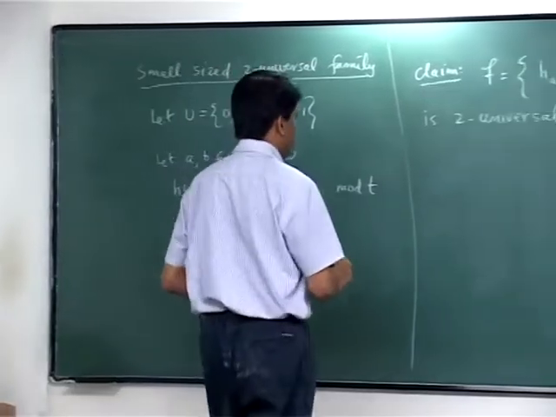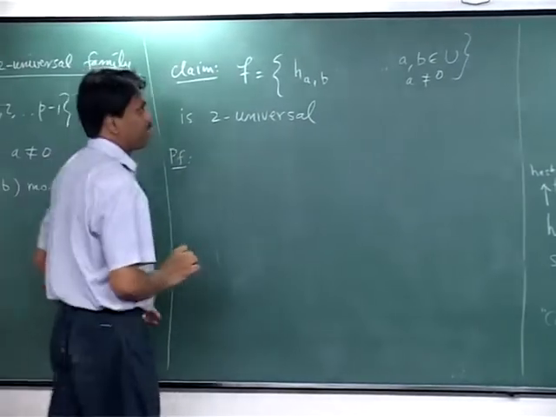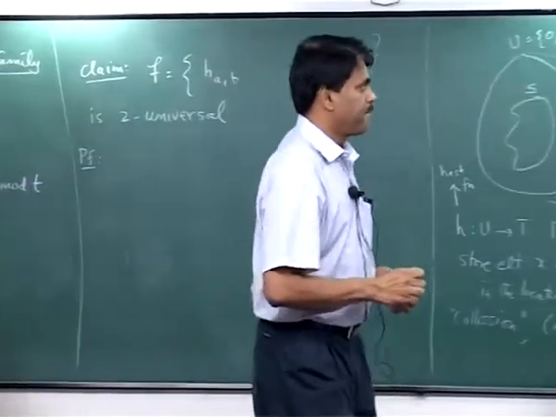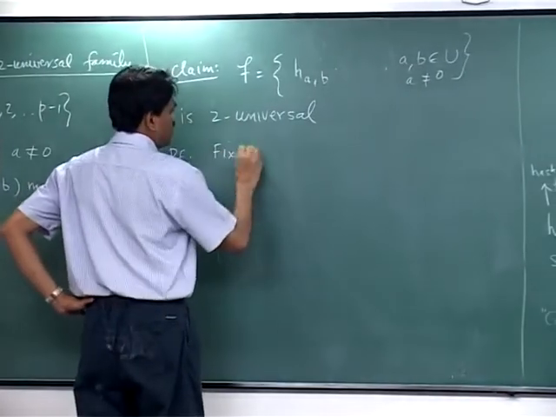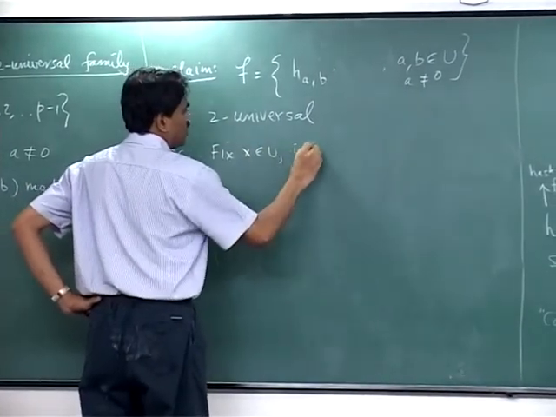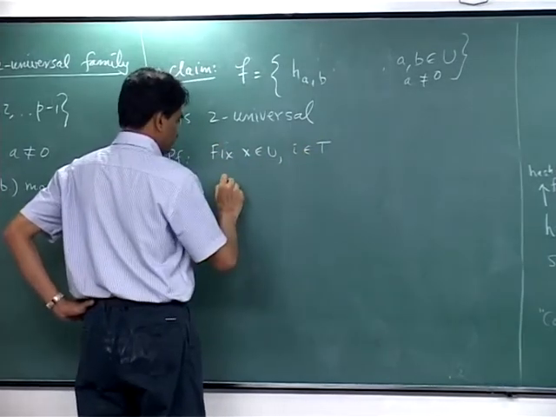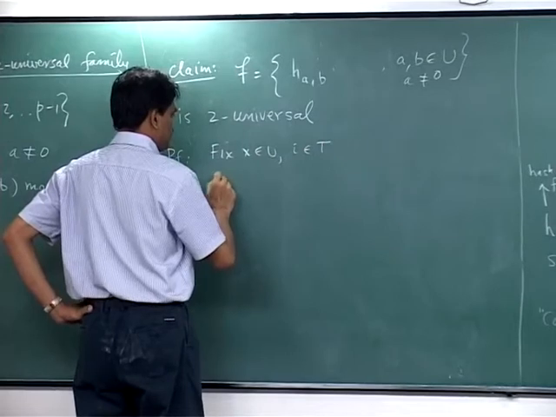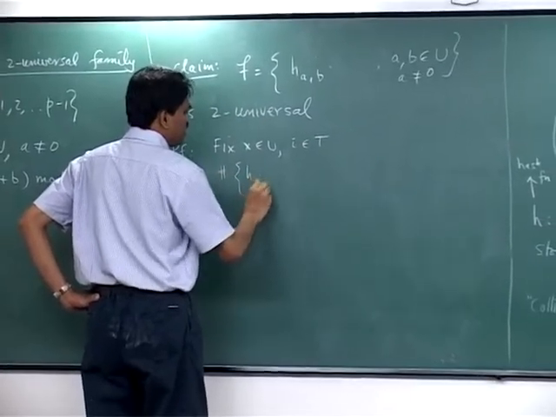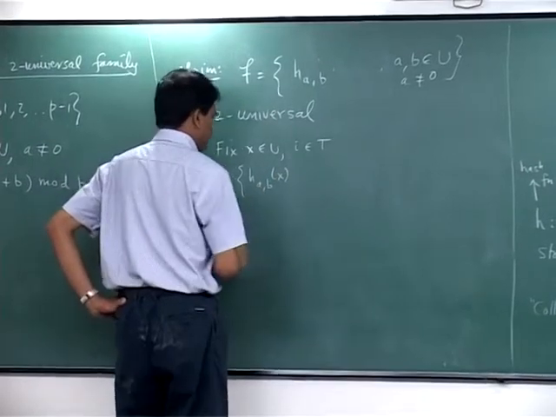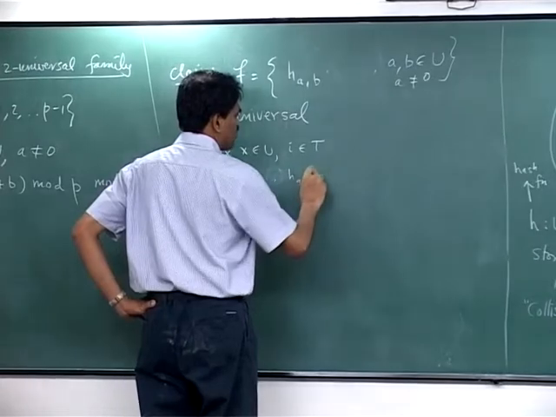Let's just check. What is property 1? For x and i, how many functions h_ab have the property that h_ab of x equal to i?